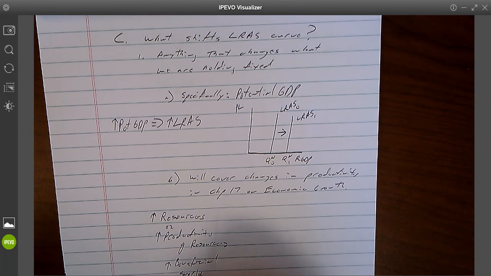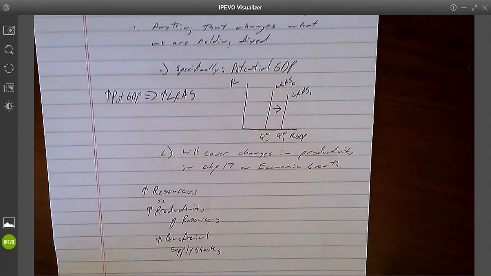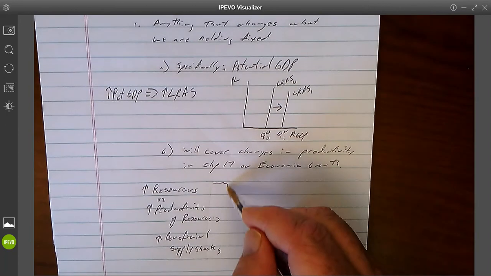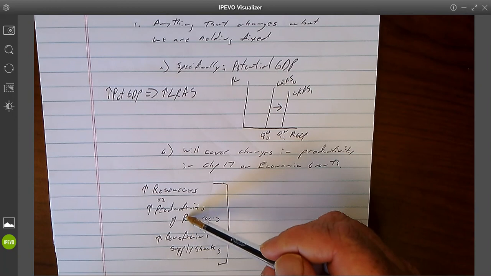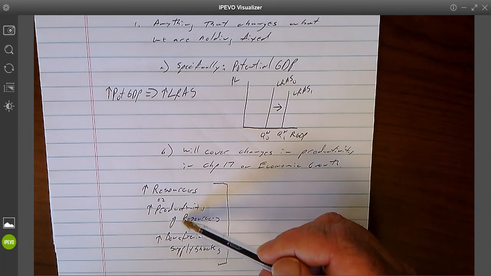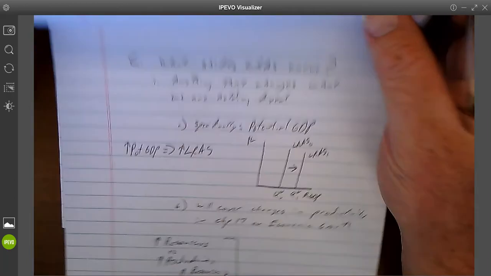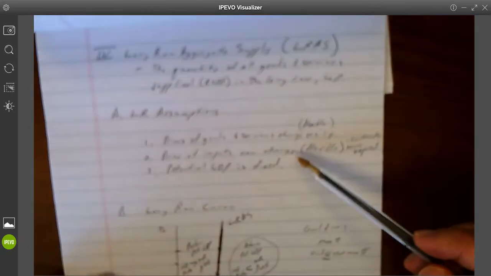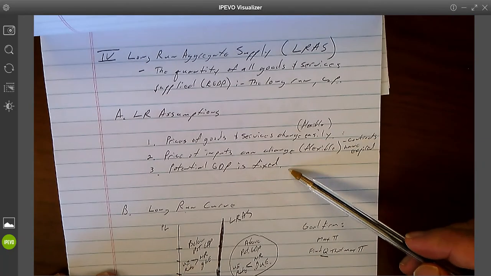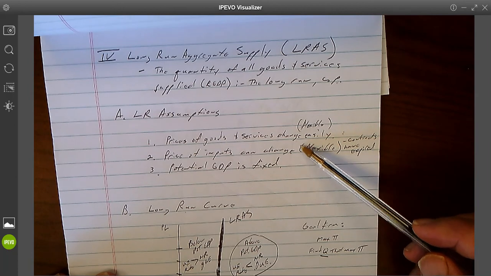supply shocks. Remember, we talked about these with short-run aggregate supply as well, okay? So that list of beneficial supply shocks, it's the same list that's going to shift the long-run aggregate supply curve. So with short-run aggregate supply, what were the things that we were holding fixed? Input prices and potential. So if input prices or potential change, we shifted the short-run aggregate supply curve.